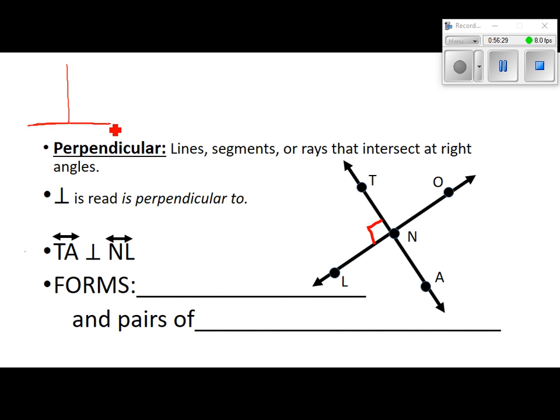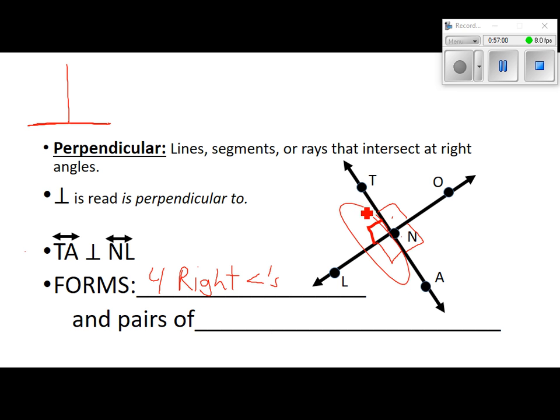How many right angles are in that picture? 4. Forms 4 right angles. What do I know about this angle? It's a right angle. What do I know about this angle? It's a right angle. And pairs of what? What other kinds of angles do we have here?